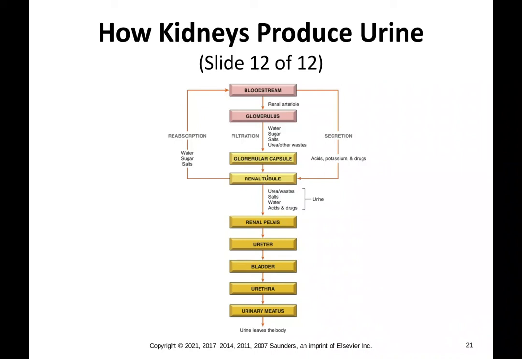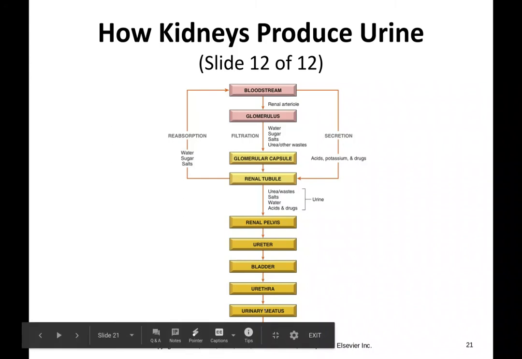And from here, there's reabsorption of necessary water, sugar, and salts back into the bloodstream, as well as secretion of acids, potassiums, and drugs and other substances into the renal tubule. And then to the renal pelvis, into the ureters, down to the bladder, down into the urethra, and then urine leaves the body through the urinary meatus, which means opening.